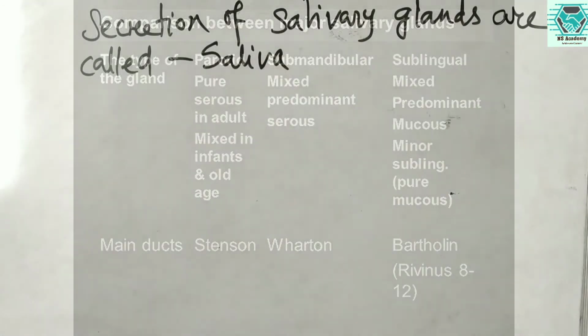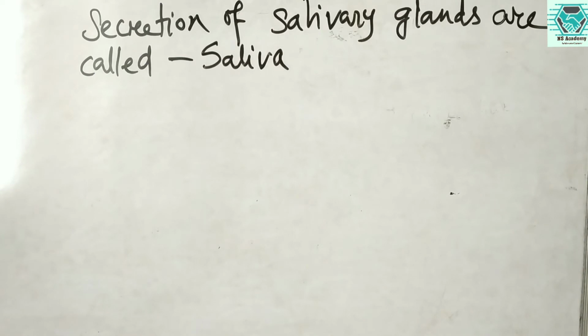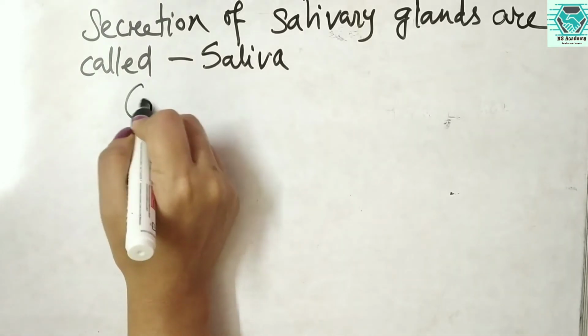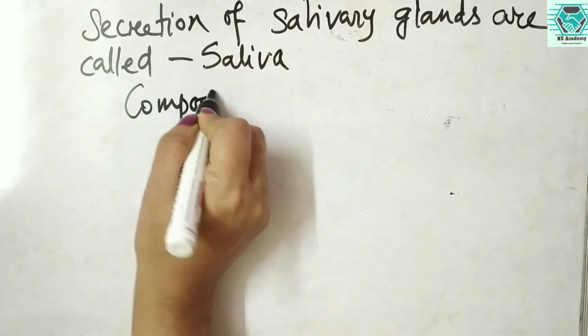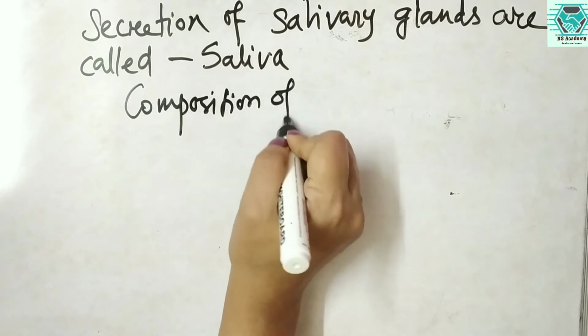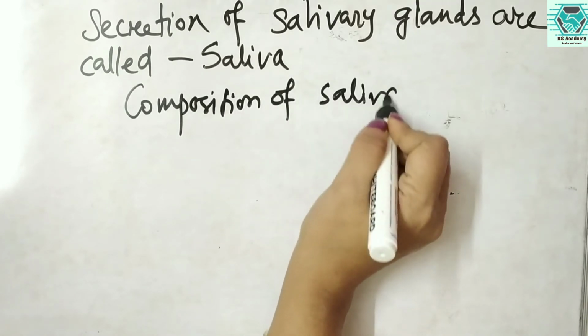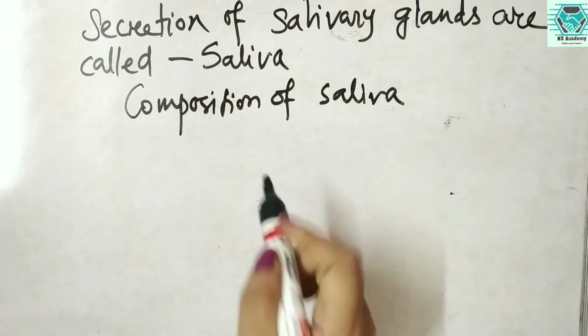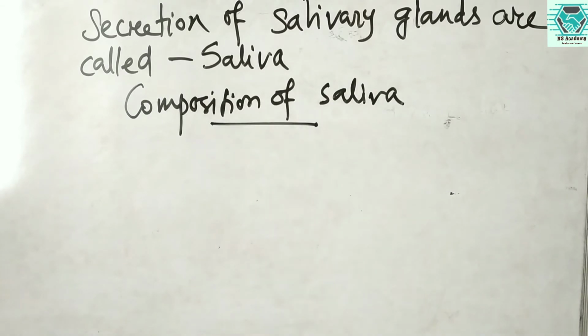The secretion of salivary glands is called saliva. If we see the composition of saliva, we find that saliva contains 99.5% water and the remaining 0.5% is solid portion.